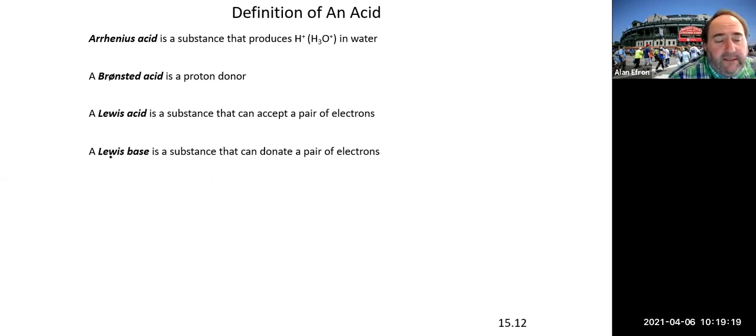We definitely will see these a little bit later on in the transition metal chapter when we talk about complex ions. But a Lewis base, again, has that ability to donate a pair of electrons. Usually it revolves around something that's polar or has a negative charge associated with it, which makes things a good Lewis base.